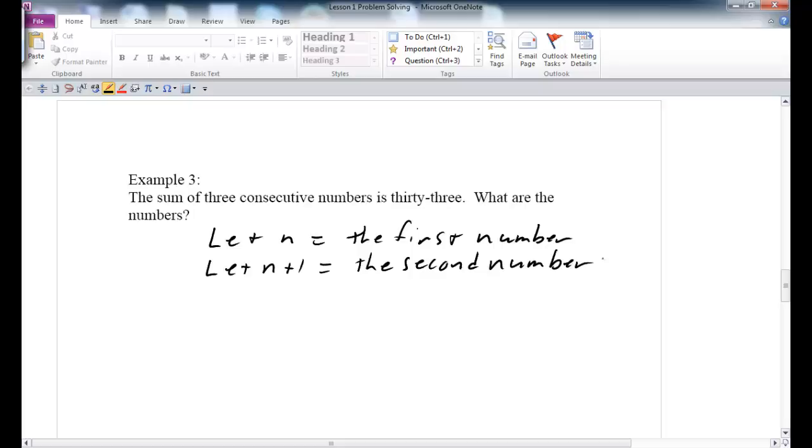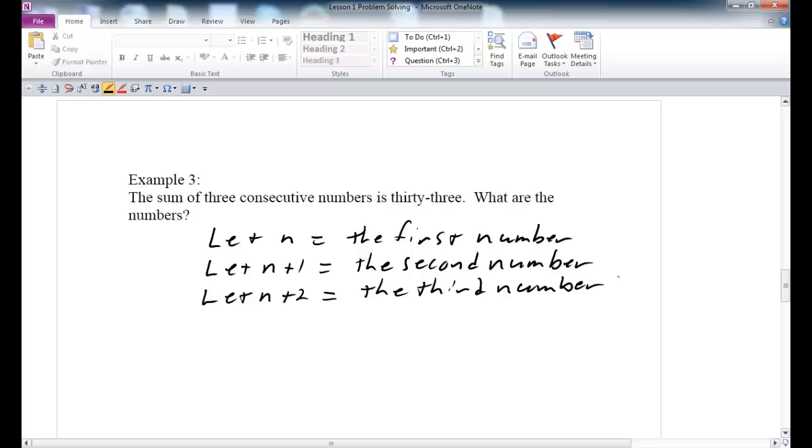And then of course we want 3 consecutive numbers, so let n plus 2 equal the third number. And so now you can see we don't know what these numbers are. They're unknown, but we do have 3 consecutive numbers here.